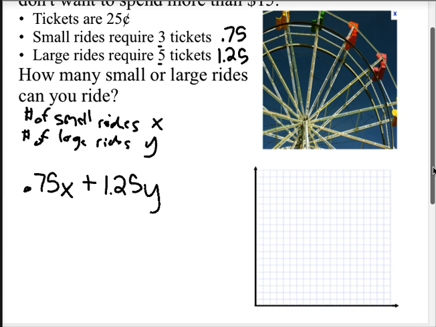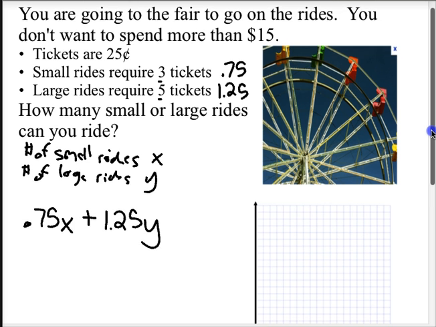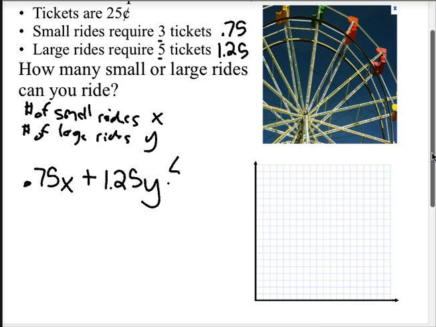The price times how many you go on. And you want your total cost to be no more than $15. So you could spend $15, you could spend less than $15, but you don't want to go over that amount.